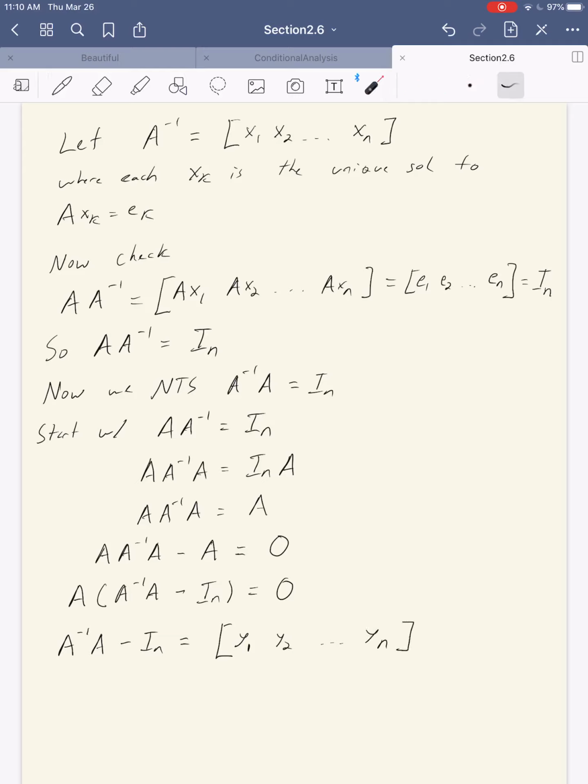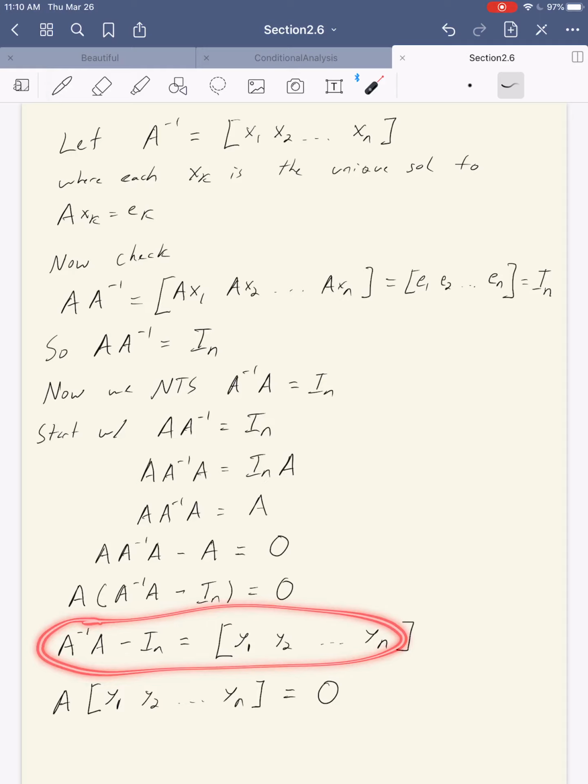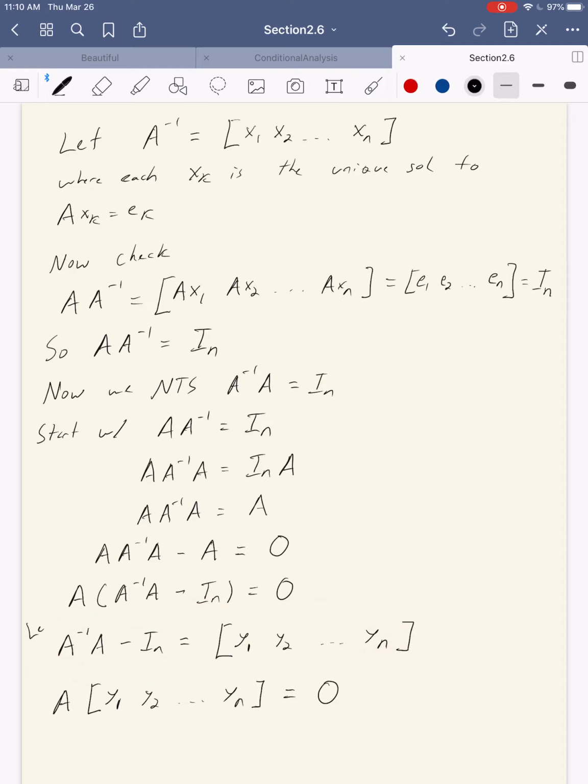In other words, we're letting these y sub k's represent the columns of that matrix. So notice that we can write this as A times y1, y2, down to yn equals 0. We're just making a little replacement of this, so I should put a little "let."